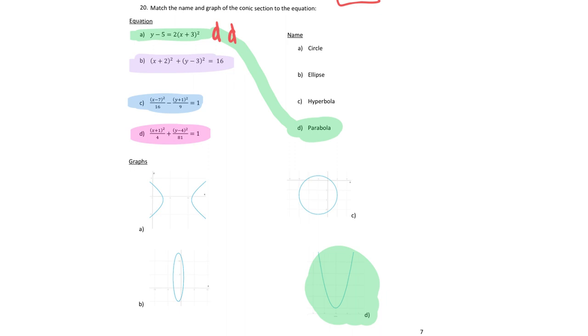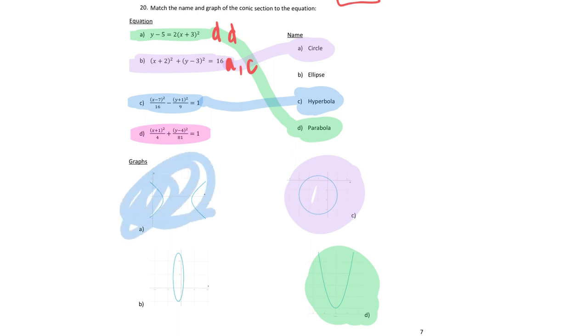Okay, let's look at B. B is a circle. And there's our circle right here. So B is going to be A for the name and C for the graph. For the blue one, there's a minus sign in there, so that's a hyperbola.